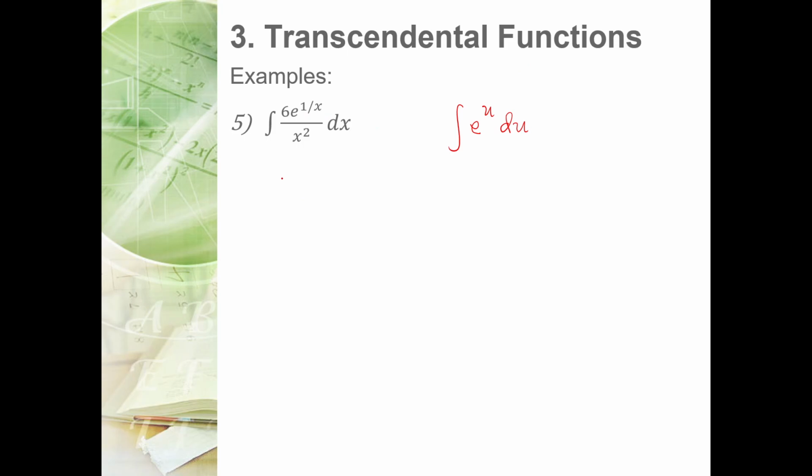So our u exponent here is, so let's try to remove 6 first outside the equation. So 6 times the integral of e to the power of 1 over x all over x squared dx.